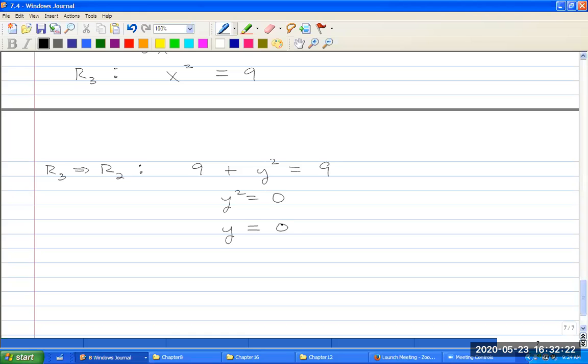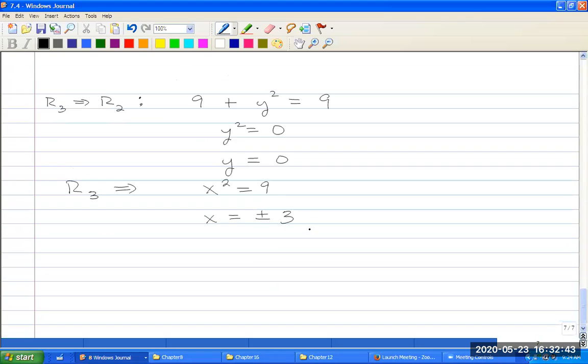From R3, I get that x squared is equal to 9. And so by the square root property, x is equal to plus or minus 3. In both cases, y is 0. And so my solution is just negative 3, 0, and positive 3, 0.